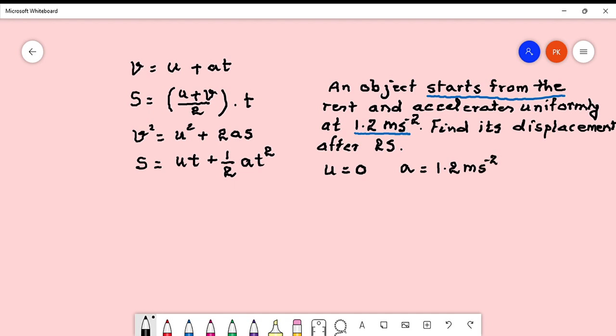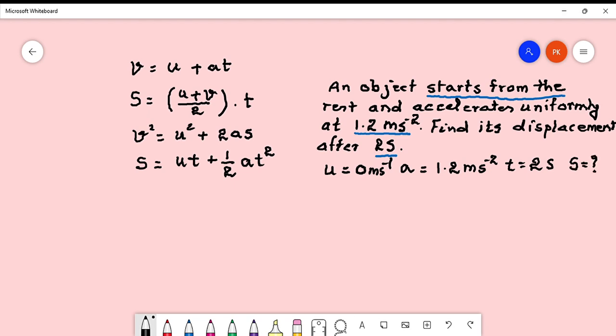U is 0 meters per second, and the time is given to you. You want to find out the displacement after 2 seconds. That means T is equal to 2 seconds given to you, and you want to find out displacement, means obviously you want to find out S is equal to how much.